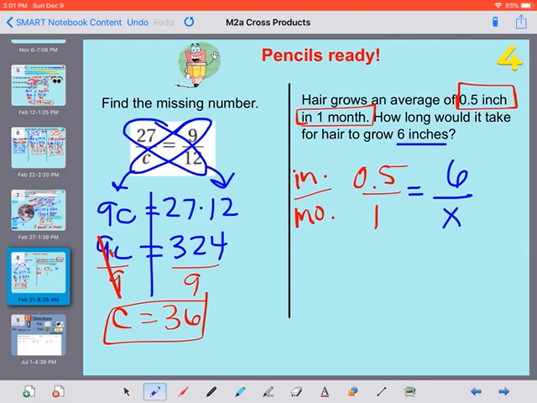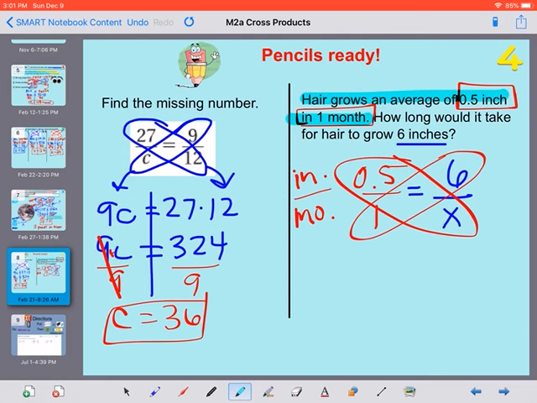We want to know how long that would take, so we can cross multiply. I set this up like I did because they gave us this information in one piece. Your hair grows this much in 1 month. How long would it take for 6 inches? So this information is what we don't know. That's the second ratio. So 6 times 1 is 6, and 0.5 times x over here.